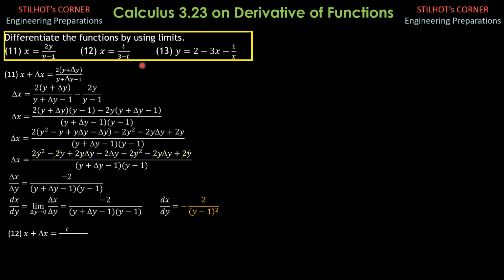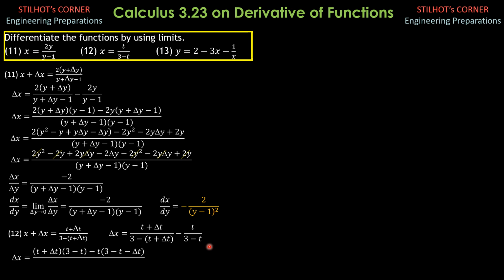For 12: x plus delta x equals t plus delta t over 3 minus quantity t plus delta t. So delta x equals t plus delta t over 3 minus quantity t plus delta t minus t over 3 minus t. LCD is this. So delta x equals quantity t plus delta t times 3 minus t quantity, 3 minus t minus delta t, over quantity 3 minus t minus delta t times 3 minus t.